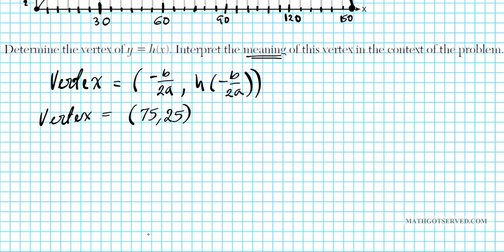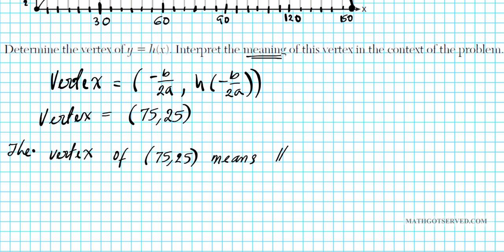All right, so let's go ahead and write that down. The vertex of 75, 25 means what? What does it mean?